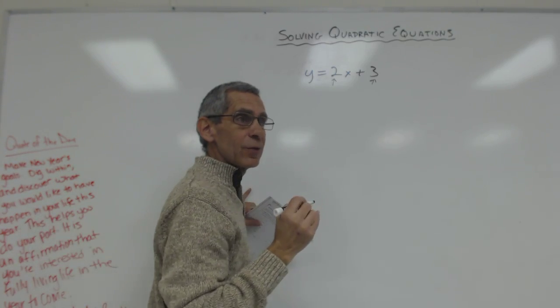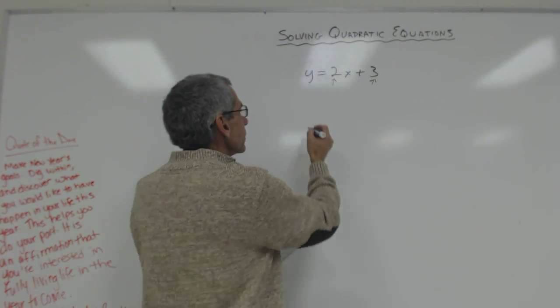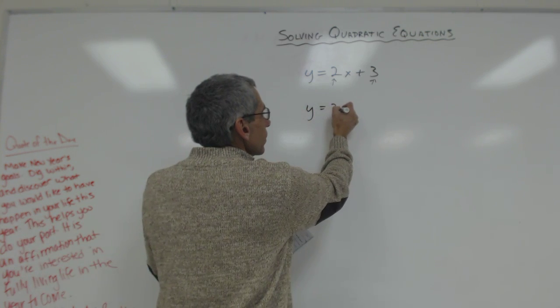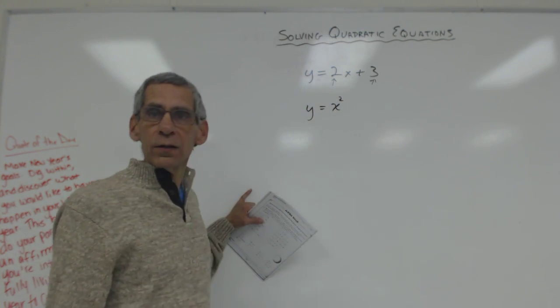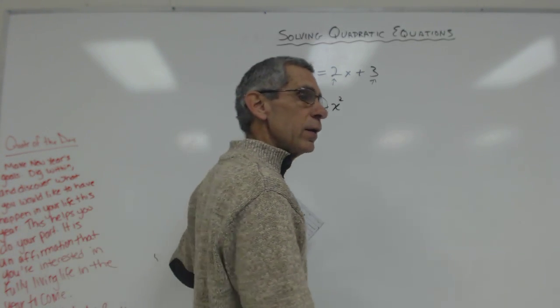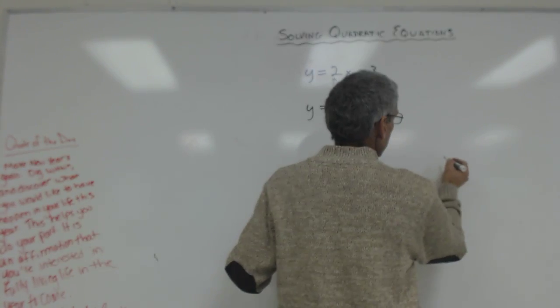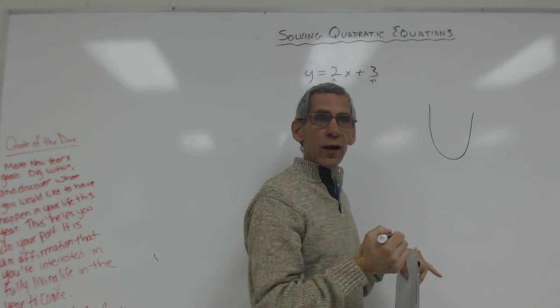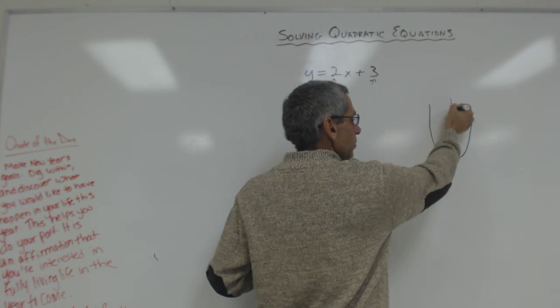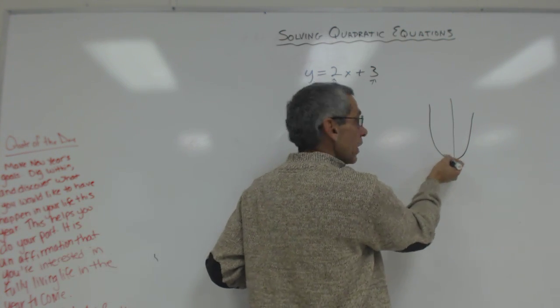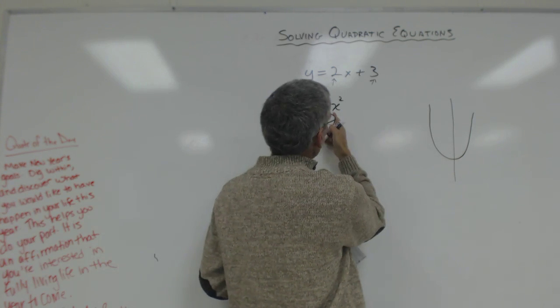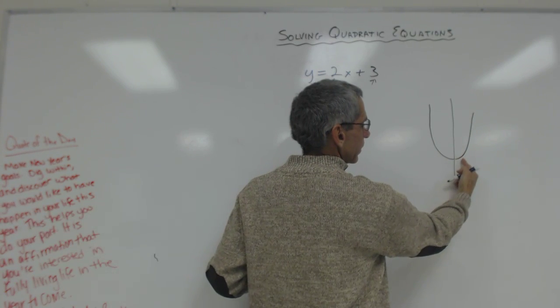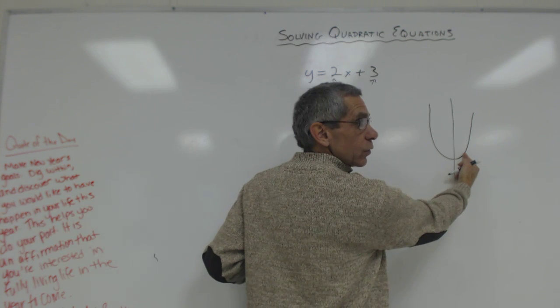To know when something is a quadratic equation, you have an x squared. If you think about it, it turns around again on the graph, because once something becomes negative, when x is positive 1, y is 1 squared, which is 1.